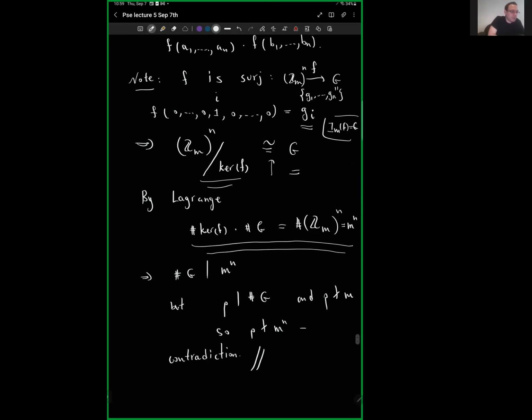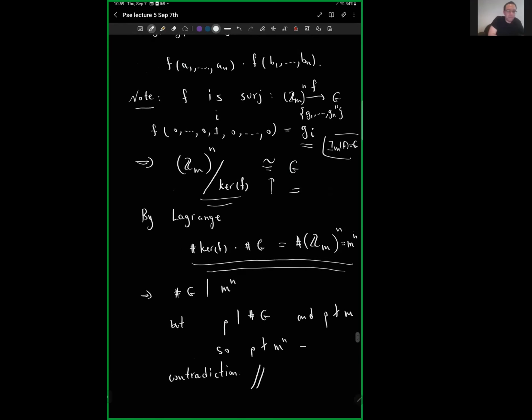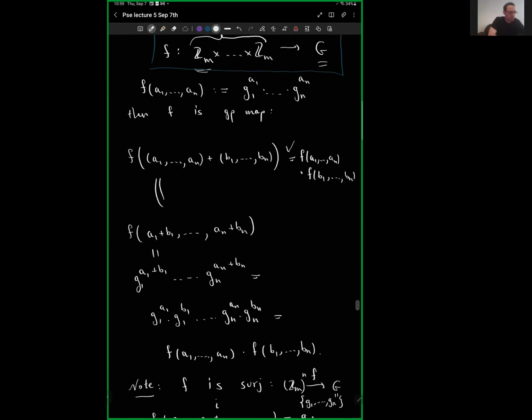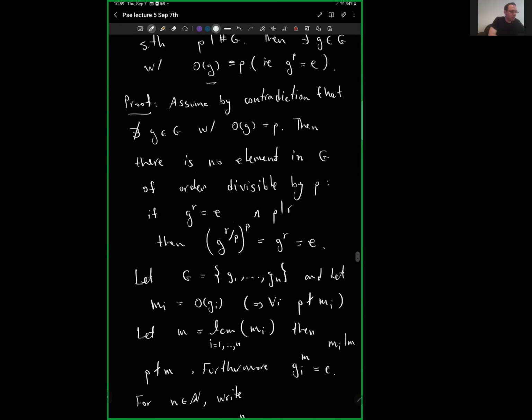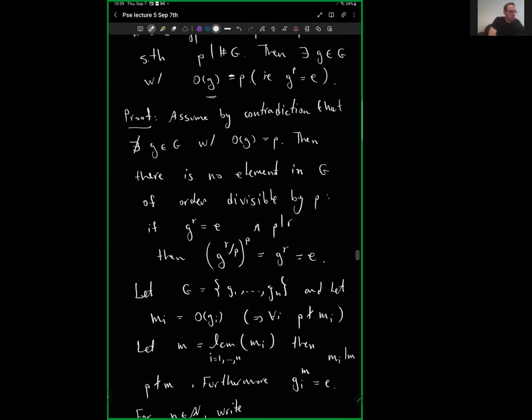Any questions about the theorem? Sorry, just to recall, this is a contradiction to what proposition again? So we assume that there is no element of order P. Ah, okay.